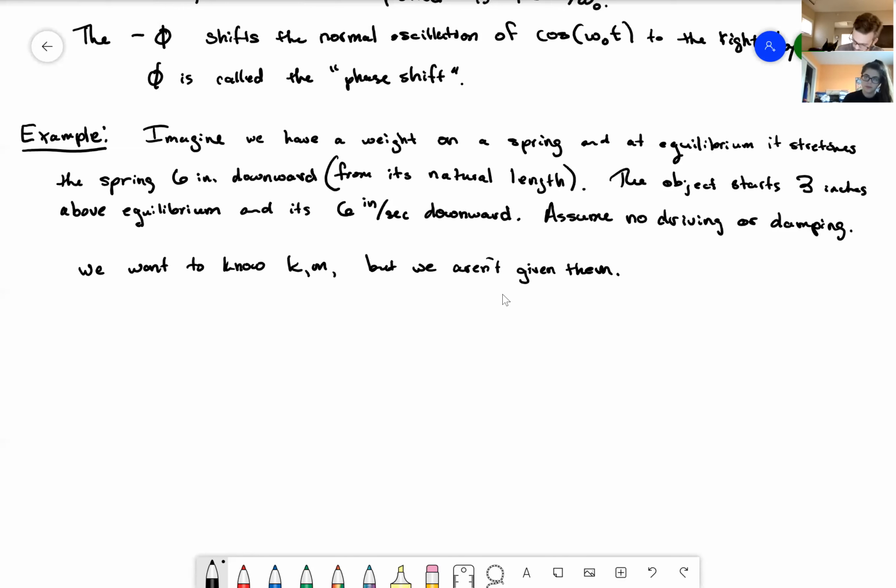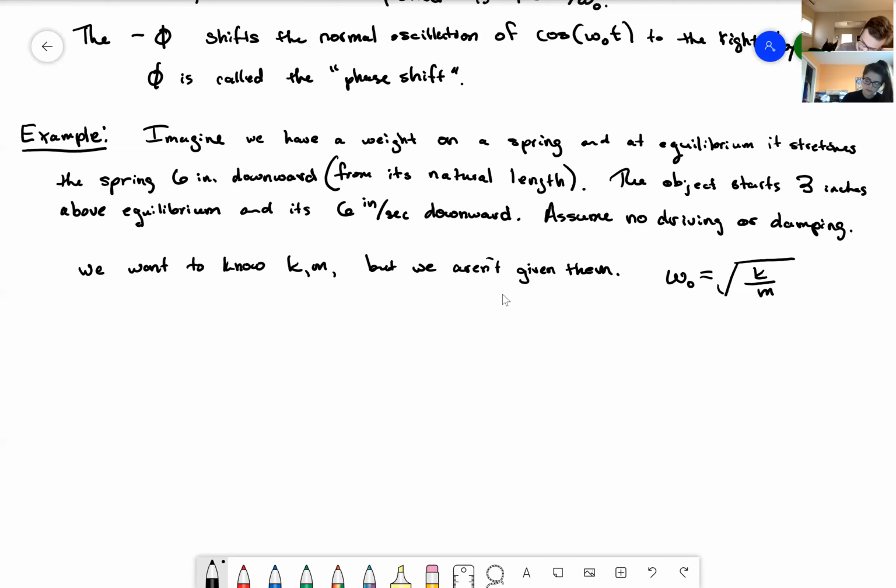What we really need is the ratio, because what we want is omega 0, and that's the square root of K over M, as we saw before. So it's enough to know the ratio, not their exact values. And we can figure those out.